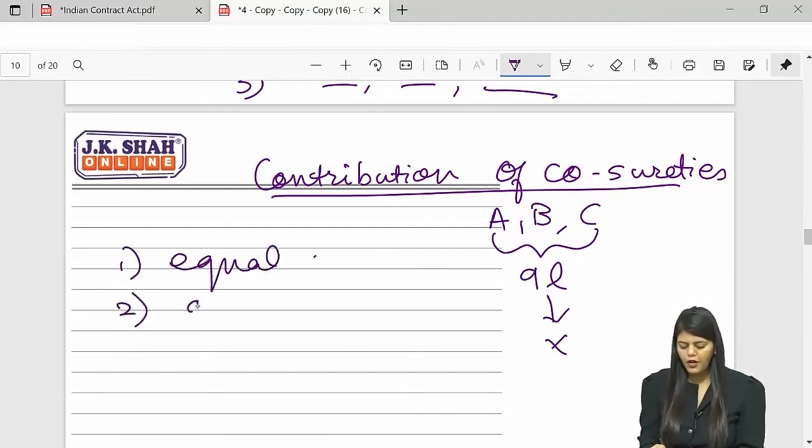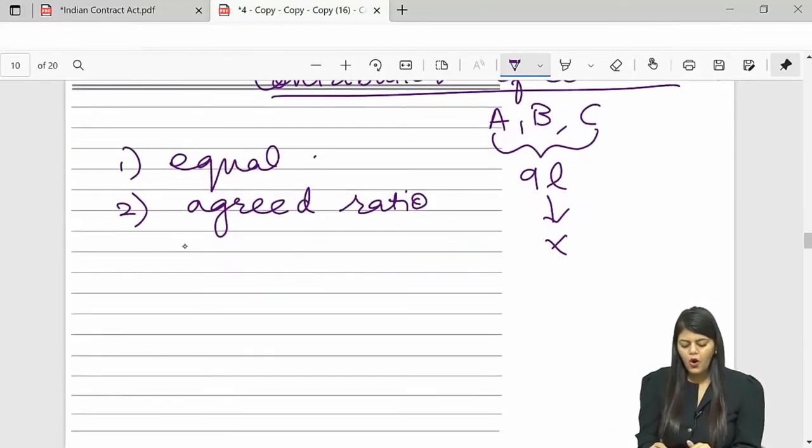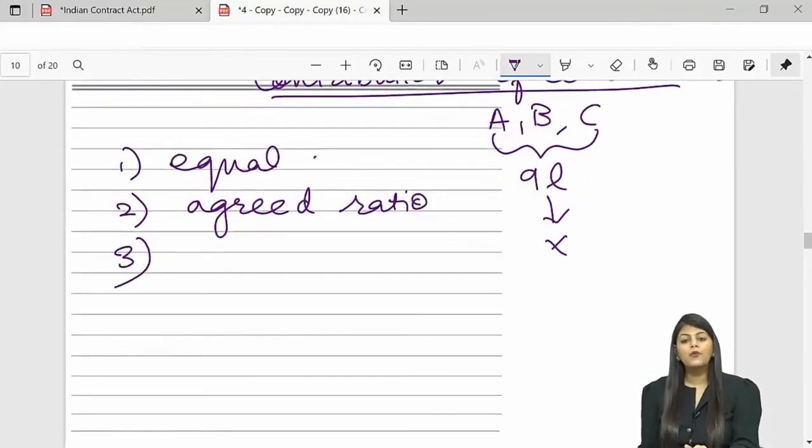Or whatever agreed ratio they put, then in that ratio. So they have fixed the ratio as 1:2:3. So in that ratio.